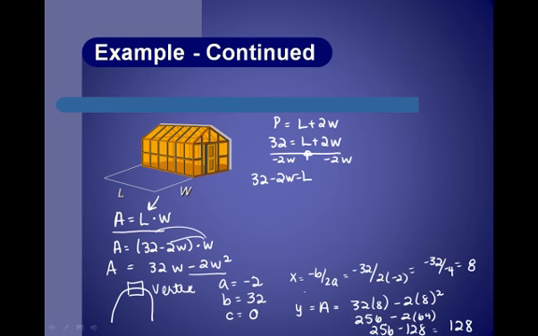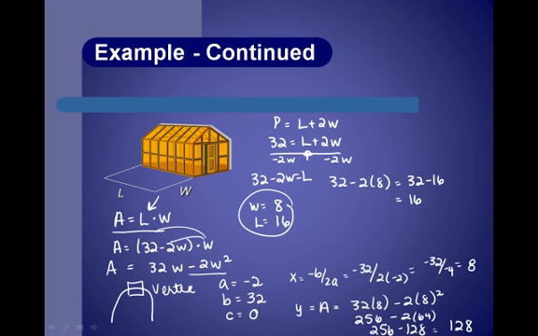So our x, which in this case was really W, so our W is going to be 8. That's our width. Our length, well, we said our length is 32 minus 2 times 8, which would be 32 minus 16. So our length would be 16. So the dimensions of our rectangle would be a length of 16 and a width of 8.